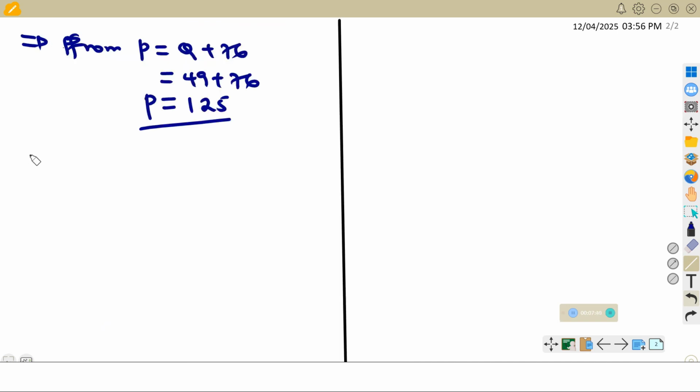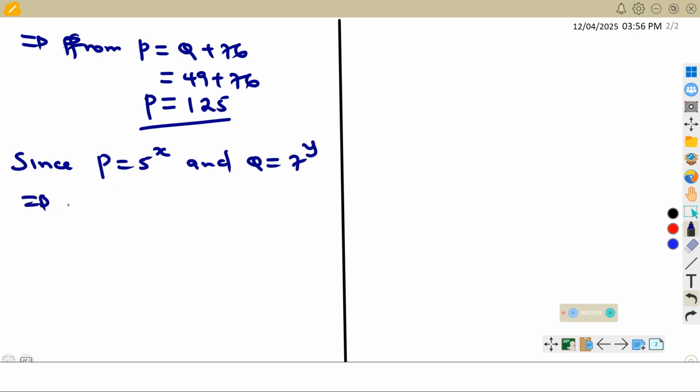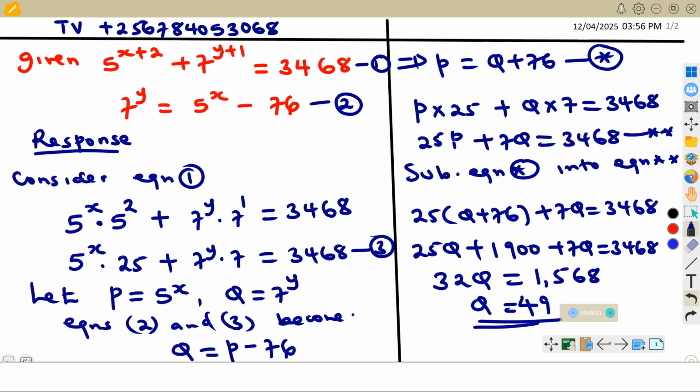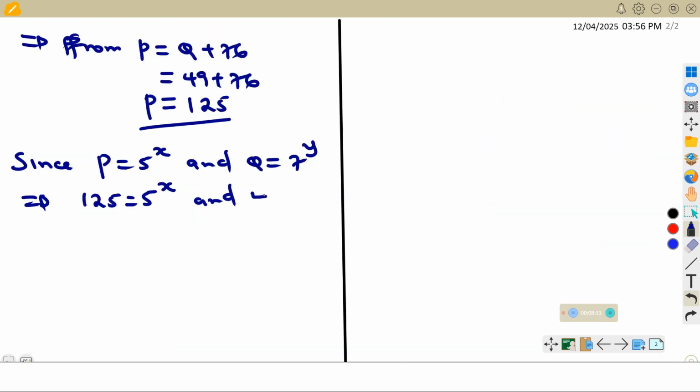Now, since p is the same as 5 to the power x and q is the same as 7 to the power y, this implies that 125 is the same as 5 to the power x, and q we have got as 49, so 49 is the same as 7 to the power y.